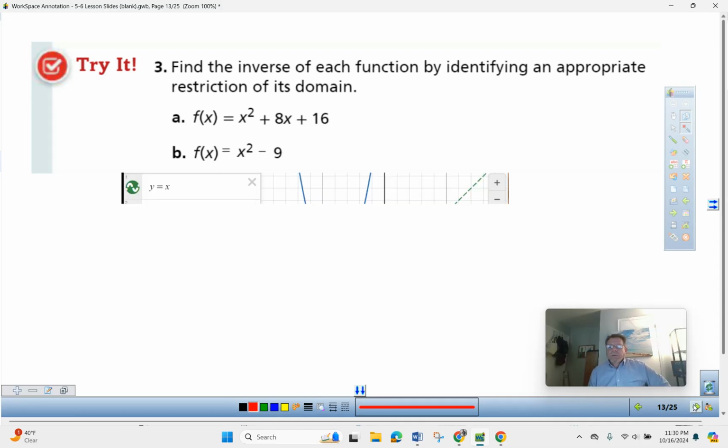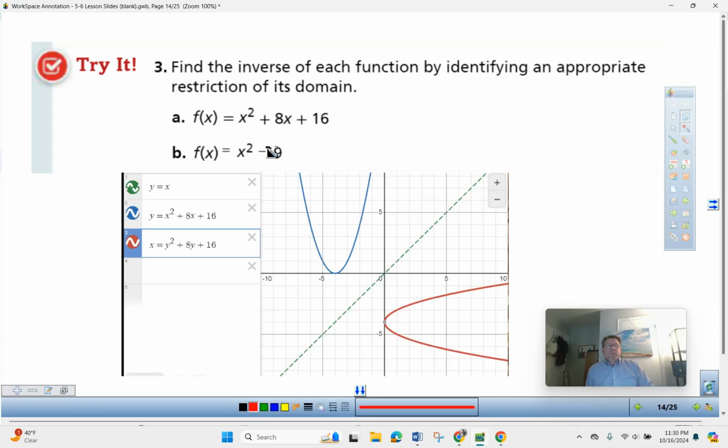Let's see what I got going on here. Well, I got a little trick to show you. Yes, you're supposed to put a y here for f of x and switch x and y. But let's look at this original problem here. Here's the blue one in decimals. Here's the original for a. This is a. Which is that there.